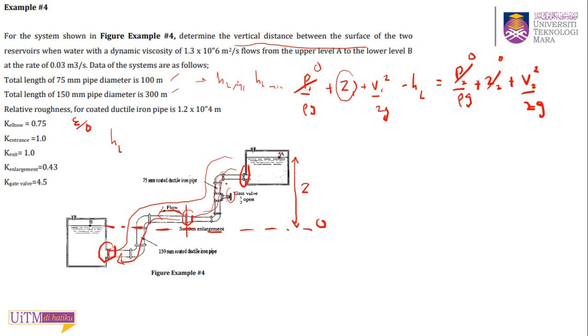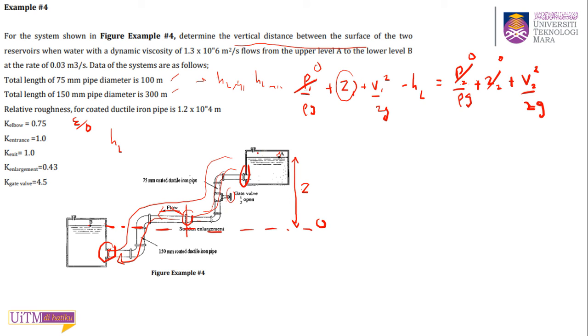So what about V1? No, you cannot find V1 either. V1 and V2, the velocities at point A and point B, are also zero, because this is a large area, so the velocity at this point is very small, very negligible.